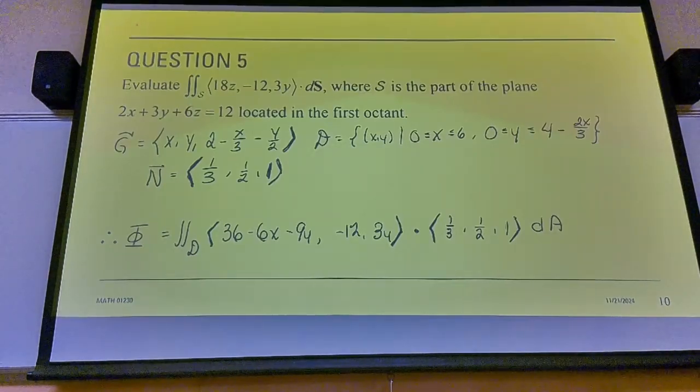So before I even calculate this, flux can be positive, negative, or zero. So it's representing a net flow. What would a positive flux mean? The correct answer is it depends on the orientation. So we're going to assume outward pointing. A positive flux means net, you have more flow out of the surface than into the surface.